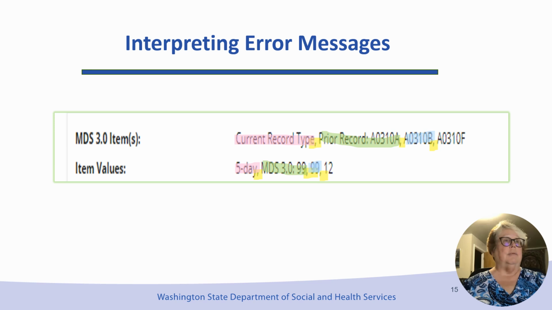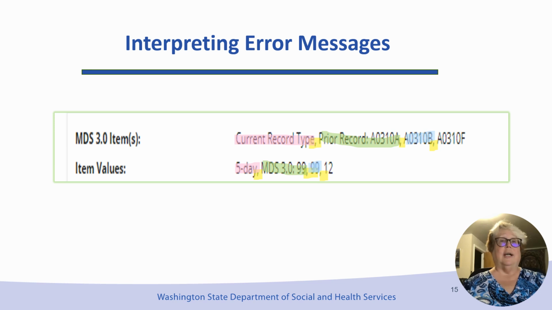So this says the current record type is a 5-day. That's the information in the first comma. The prior record A0310A was a 99. The prior record A0310B was a 99, so it wasn't an OBRA and it wasn't a PPS. It says the A0310F is 12, so it was a death in facility.